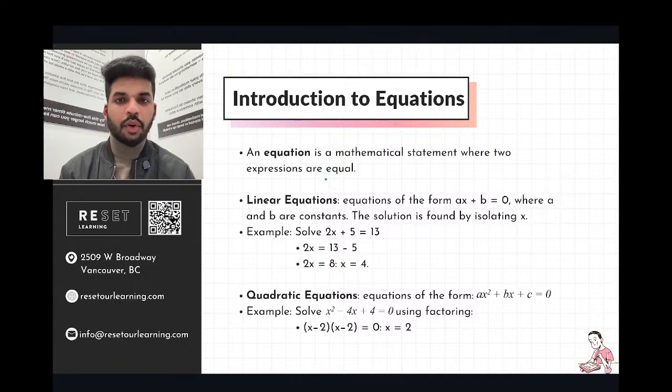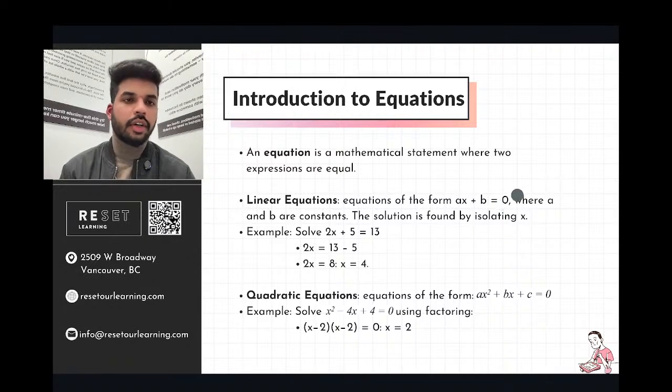Pretty straightforward. Again, linear equation. We talked about linear functions and quadratic functions. This just helps us understand the functions better. This is an equation of the form ax plus b, the same as a linear function, but we equate it to some number.